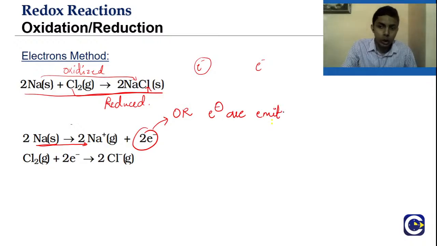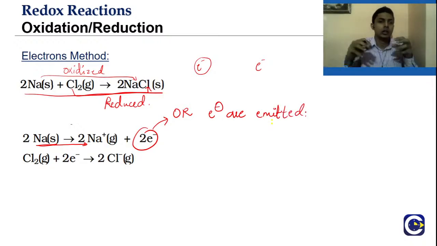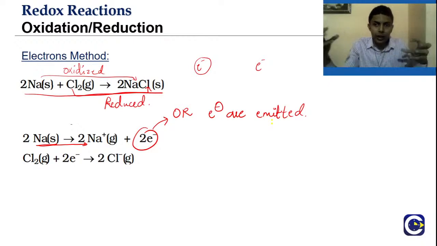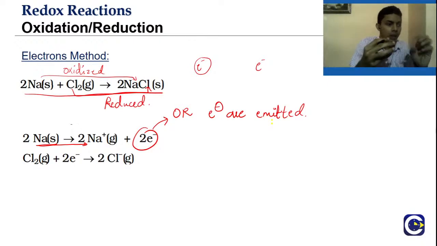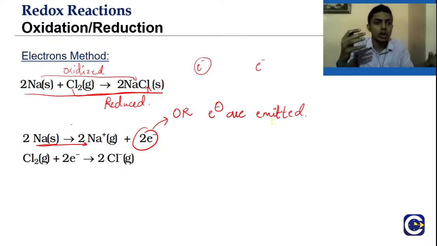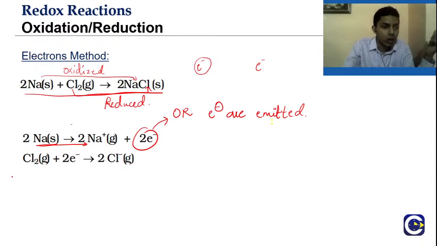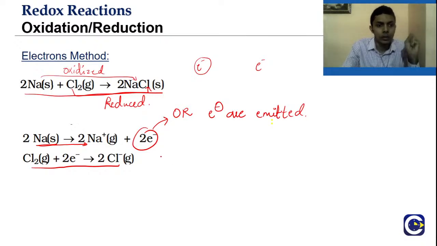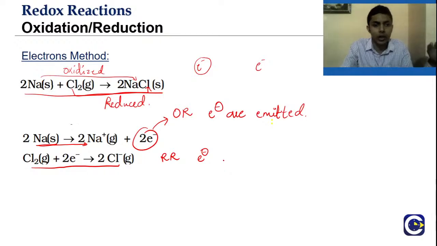This is always true because they come in contact with an electronegative element, so they lose or give up their electrons. In a reduction reaction, electrons are absorbed. So this is another way of telling whether it is oxidation or reduction. Oxidation reaction, electrons are emitted. Reduction reaction, electrons are absorbed.